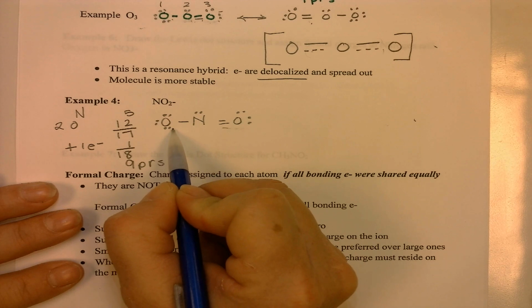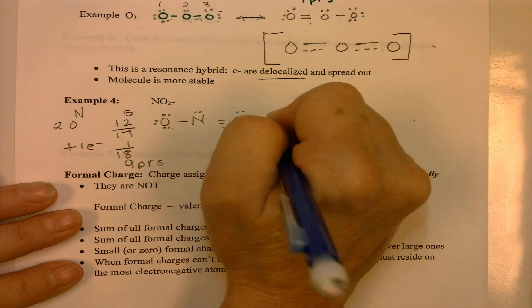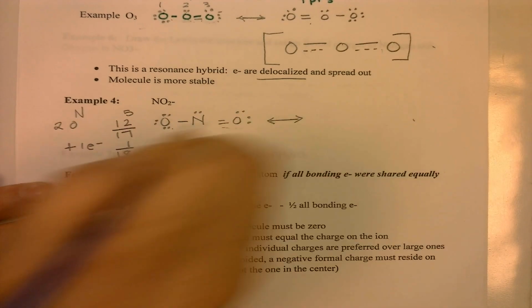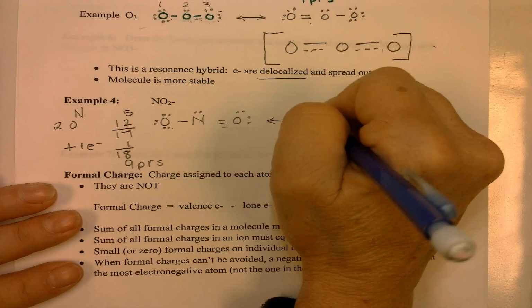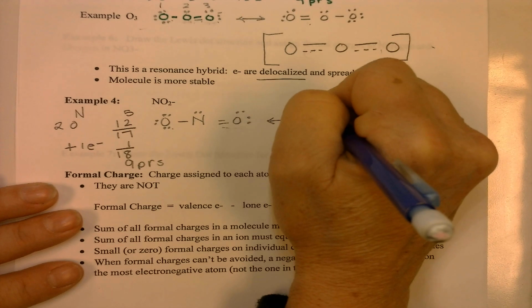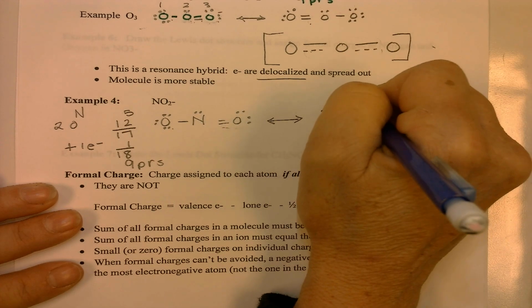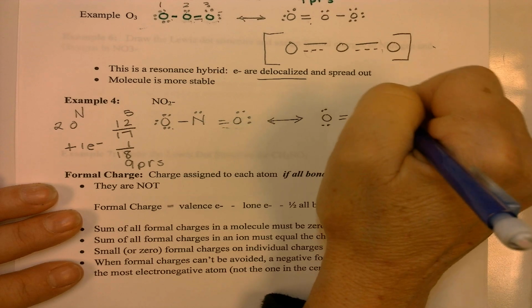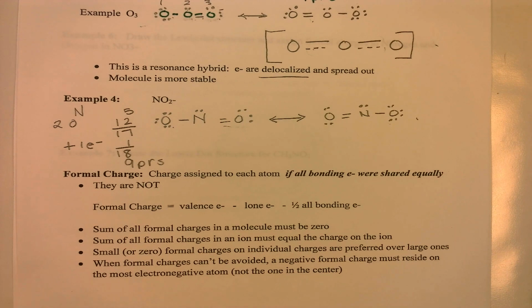Why not this oxygen? So now I have a resonance structure. I draw this oxygen, and I move my double bond to the other side.